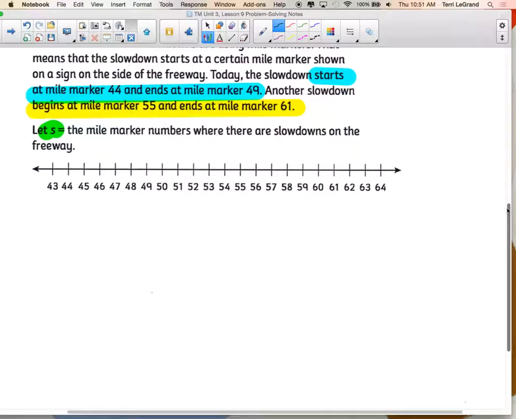Come on up, Cheyenne. Bring your paper with you or put some notes. Just the graph for us, please.